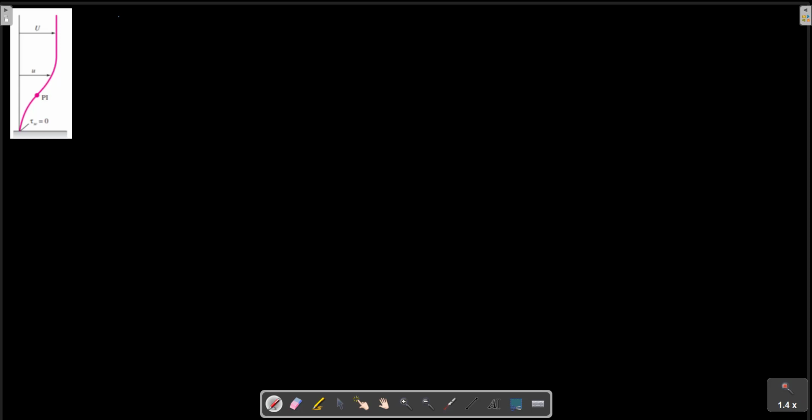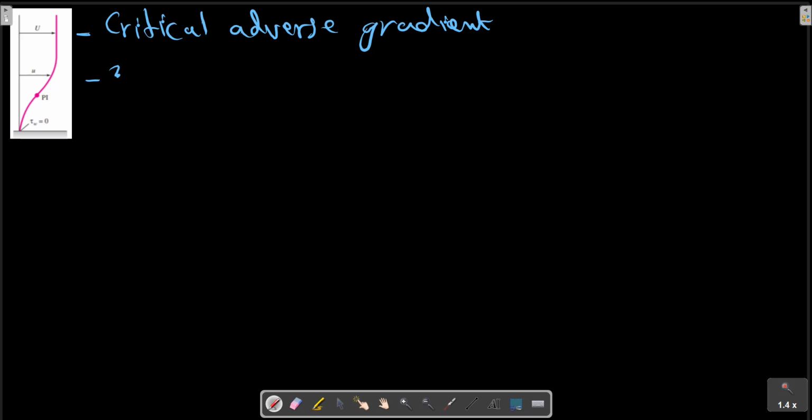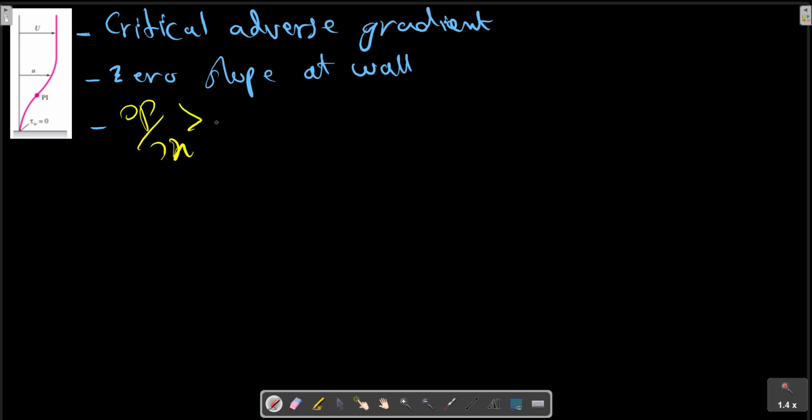Here we have zero slope at the wall, with a stronger gradient, dp/dx greater than 0.